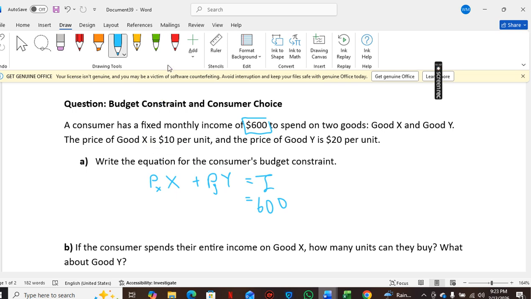Price of good X, $10 per unit, so Px is 10, then you leave this X: 10X, plus price of good Y is $20 per unit, so 20 here, Y. Colleagues, this is the budget constraint equation. Any questions?